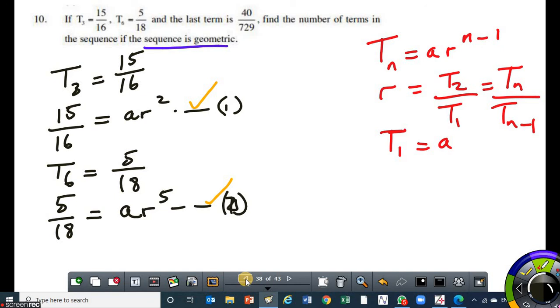What would be the equation? Tn is equal to a plus n. This is a geometric series. Oh, it's Sn. The last term in terms of a, r, and n will be equal to what?